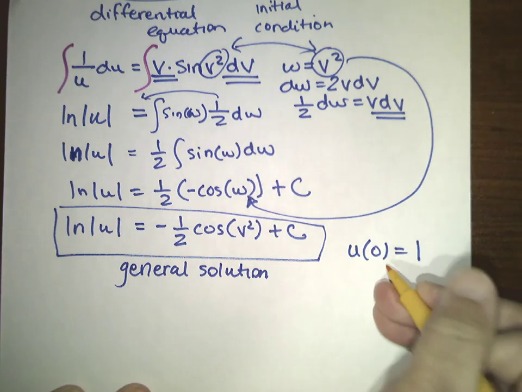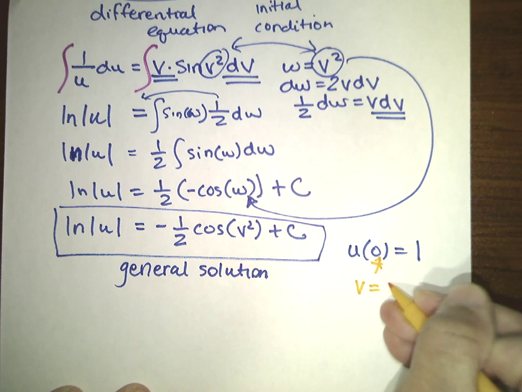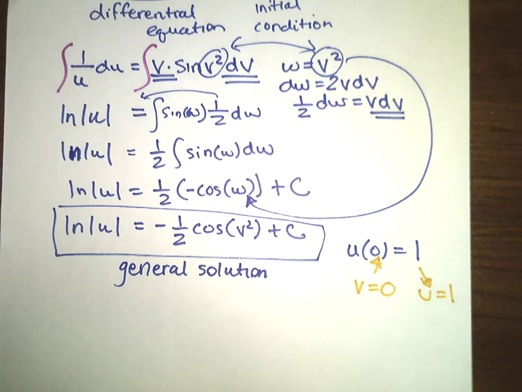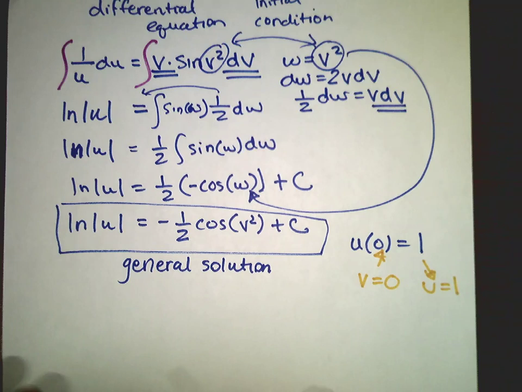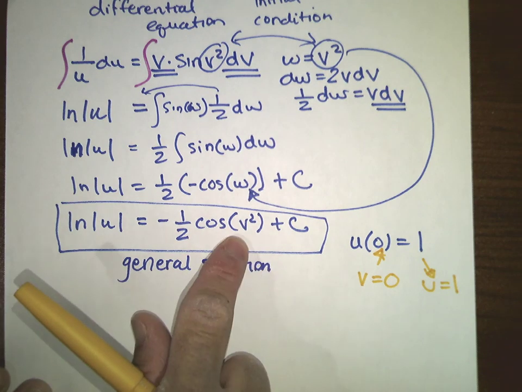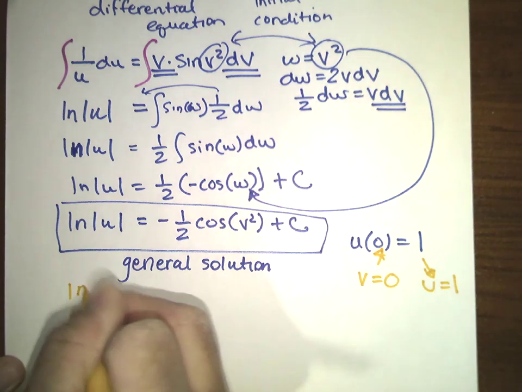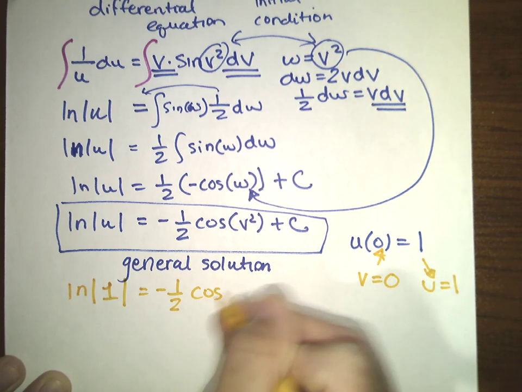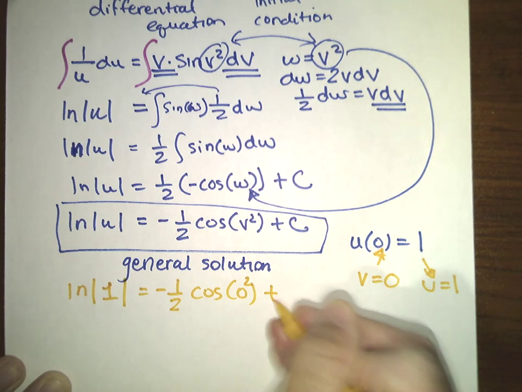So the letter that's on the inside is v, so v is 0, and then u is equal to 1. So then I substitute the 1 for u and the 0 for v. So natural log of the absolute value of 1 is equal to negative 1/2 cosine of 0 squared plus c.